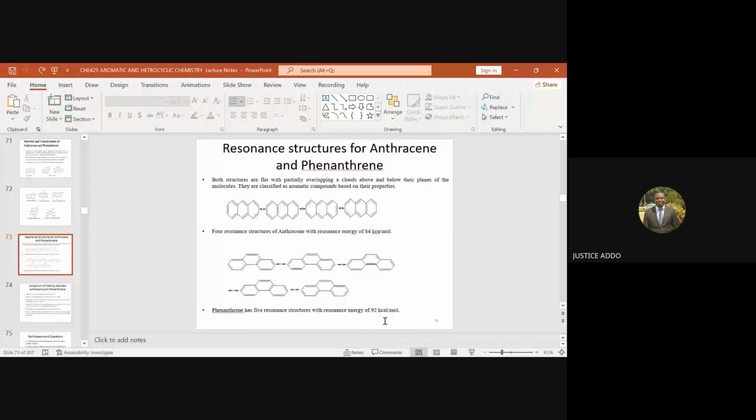The resonance energy is 92 kilocalories per mole for phenanthrene, whilst anthracene is 84 kilocalories per mole. The stability is linked to the number of canonical forms: the more forms a molecule can exist in, the more stable it is.